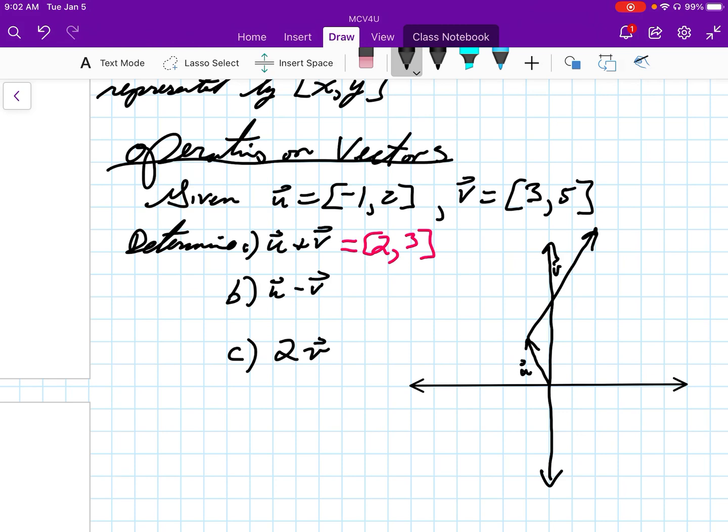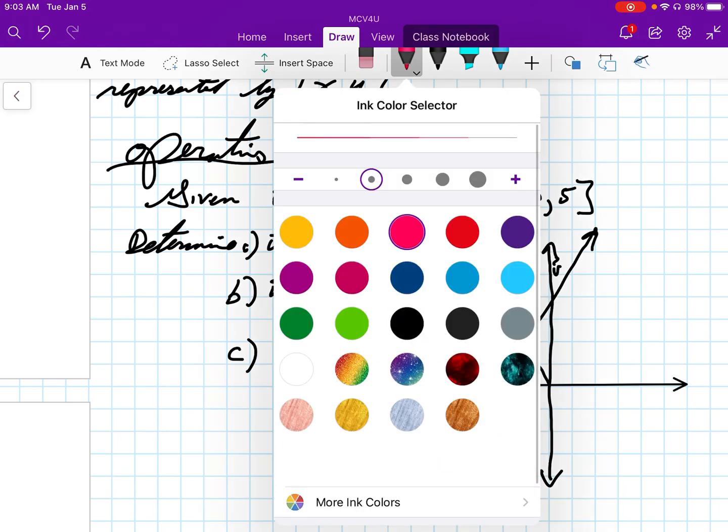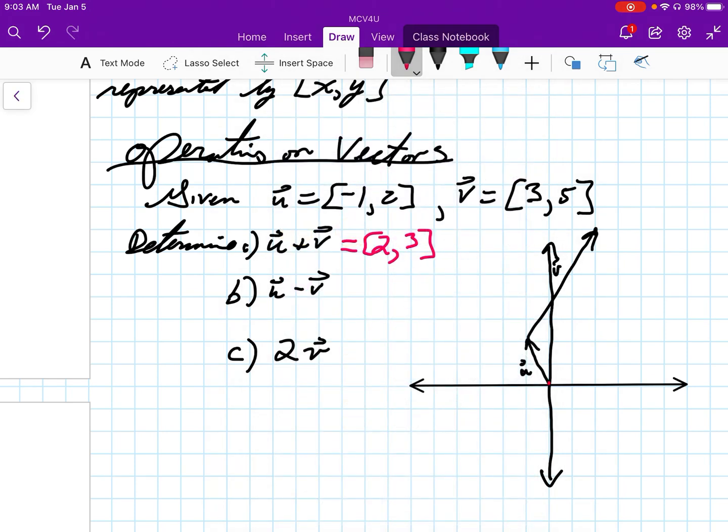And now I can take a look at drawing u plus v from the origin up to what we have, which is 2 and 7. So the head is (2, 7). So u plus v is (2, 7).